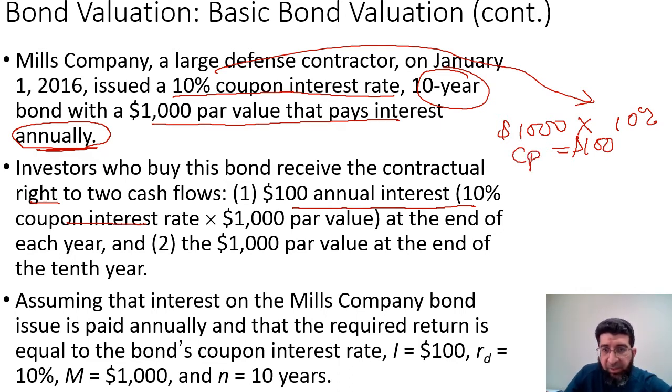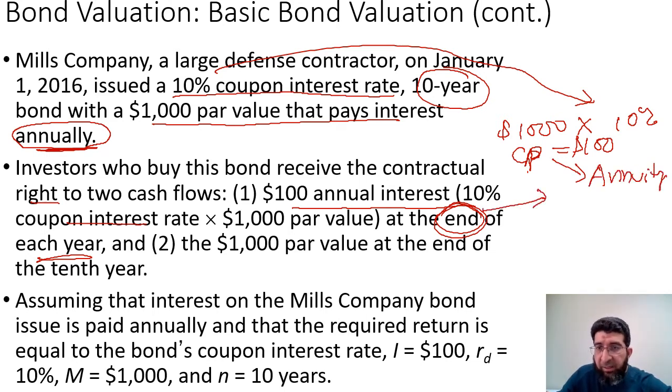Now, it is at the end of each year, so it's an end-of-each-year problem. Remember, since the coupon payment is the same every year, this becomes an annuity problem. And because it's at the end, it becomes an ordinary annuity problem. So you have to look for these terms in order to figure out which one this is.